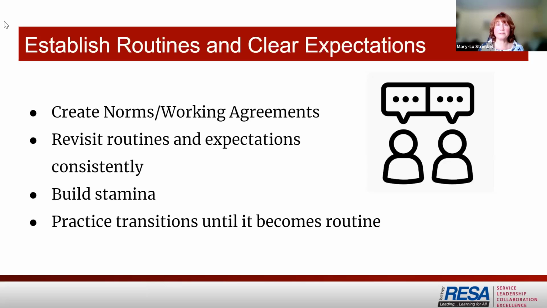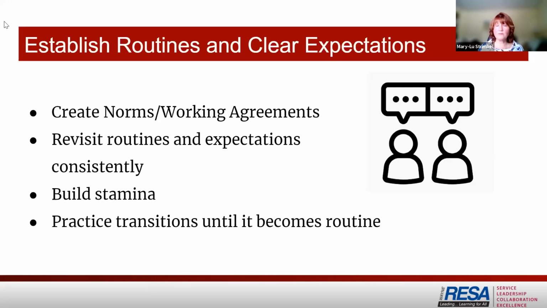So hearing their voices, what did that classroom or that experience look like to make it successful? And then once you have those routines in place, revisit them, have them present, make reference back to them, even have students practice them in order to build stamina from the first day of school all the way through.